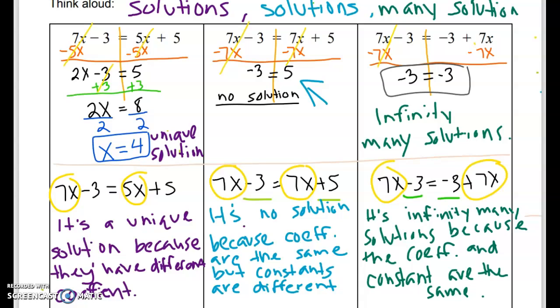And the way I could see it, if my coefficients are different, then it's going to be a unique solution. If it's no solutions, then my coefficients are the same, but my constants are different. If it's infinitely many solutions, they have the exact same variables on each side. So that means I need to have the same coefficients and the same constants on each side.